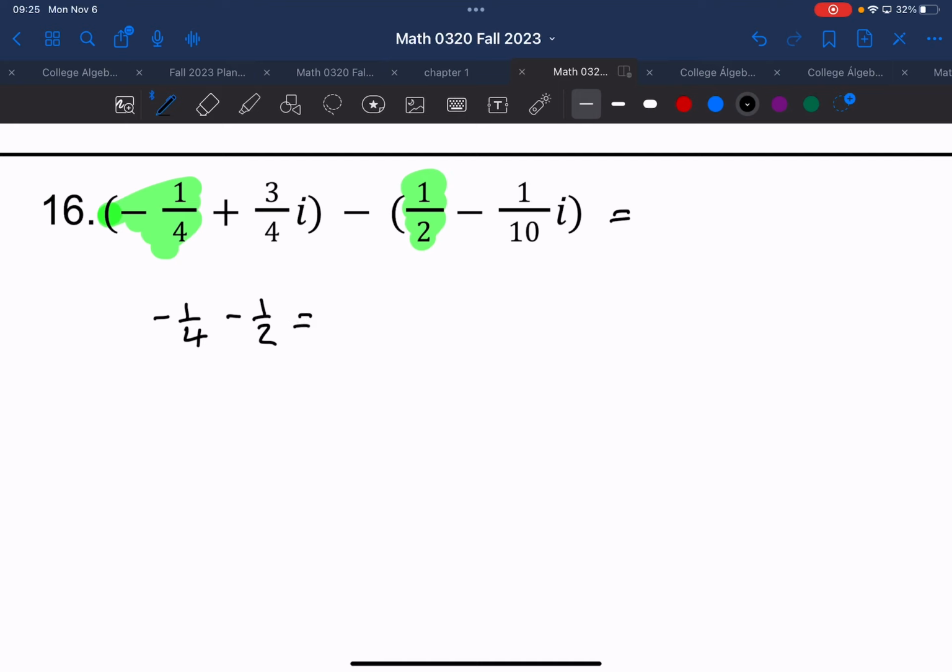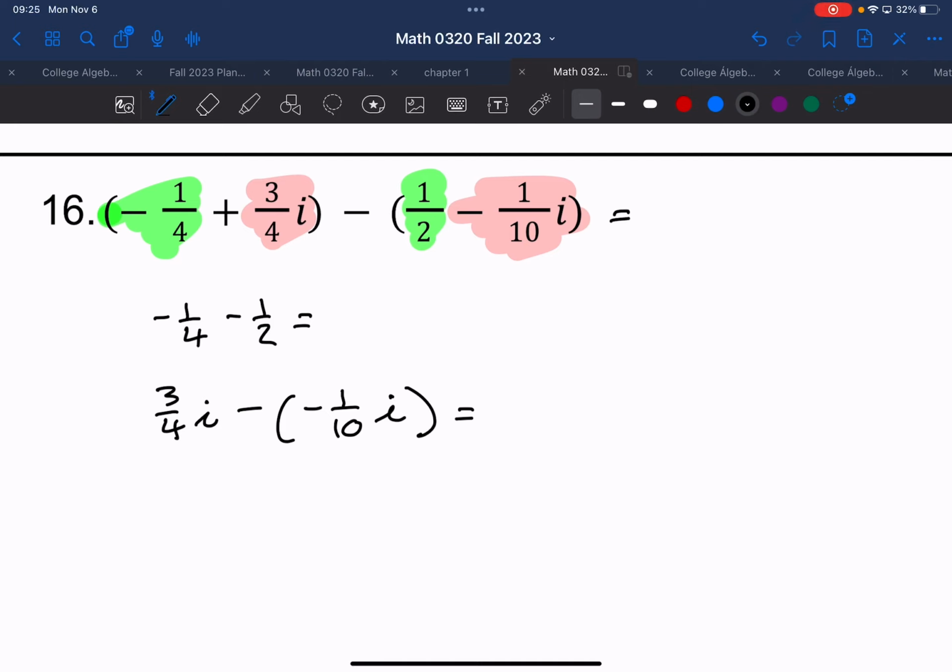Okay. And then what parts are imaginary? Good. So I'm going to write that down here because, again, we're dealing with fractions.